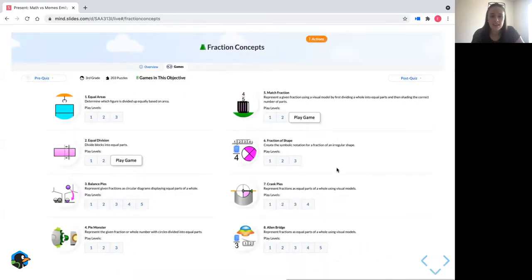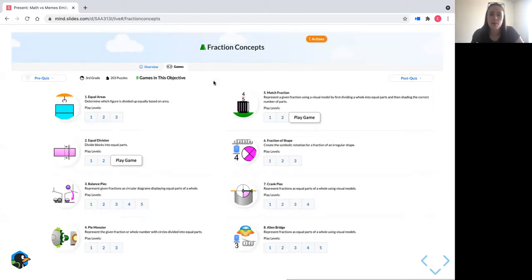In just this fraction concepts alone, you'll see there's 8 different games in this objective comprised of varying mastery levels of over 200 puzzles here. So if you do the math, that means students are solving thousands of non-routine puzzles in just one academic year.